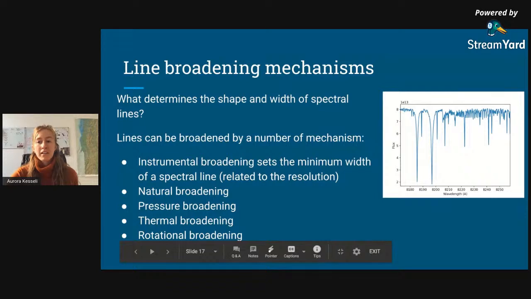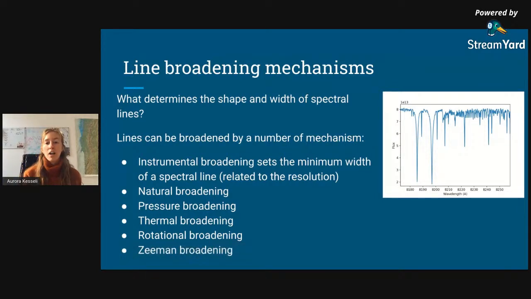Line broadening mechanisms are really important and can tell us a lot about the physics of what's happening in the star. Measuring line broadening is one of the best applications for high resolution spectroscopy, because you need that really high resolution to see the difference in line strength between something like this and one of these thinner lines.